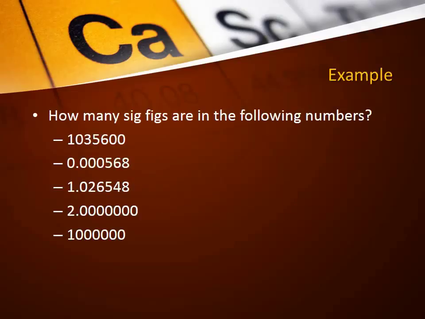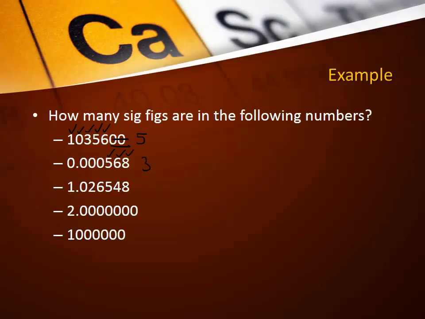So, how many sig figs are in the following numbers? Well, 1035600. This 0 is significant. So is that 1, 3, 5, and 6. But these zeros are trailing, so they don't count, meaning that one has 5. This one has a decimal. Our first non-zero is 5. So we count it and everything to the right for a total of 3.